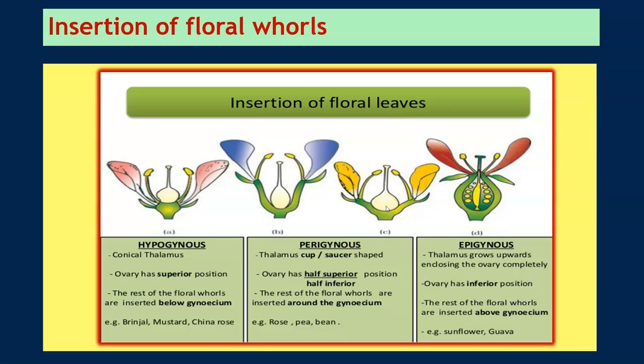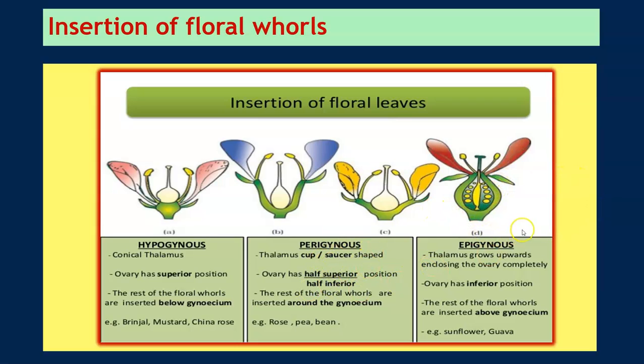Such an ovary is said to be semi-superior or semi-inferior. Now all the floral whorls are at the rim of the thalamus. So here at the rim of your thalamus, all the floral whorls are arranged. Example, we have rose, pea, beans, etc.